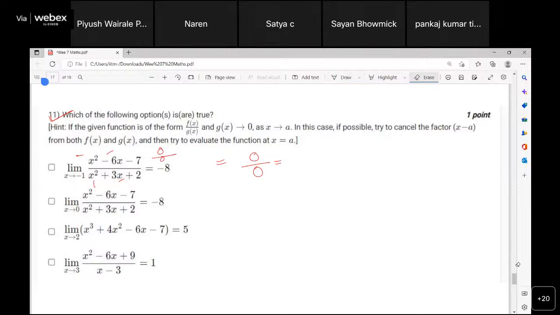But can you think about simplification? Yes, sir, we can factorize it. What is the factor of the numerator? x minus 7 and x plus 1.